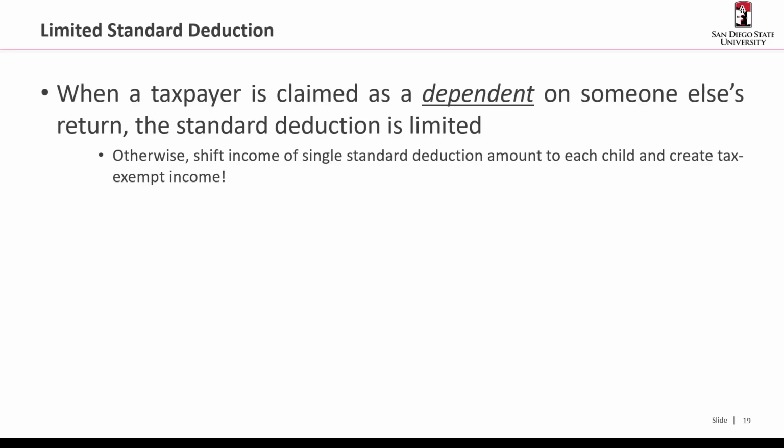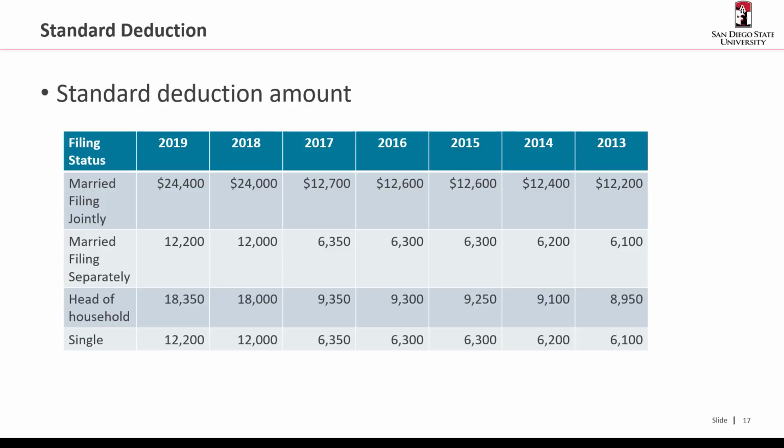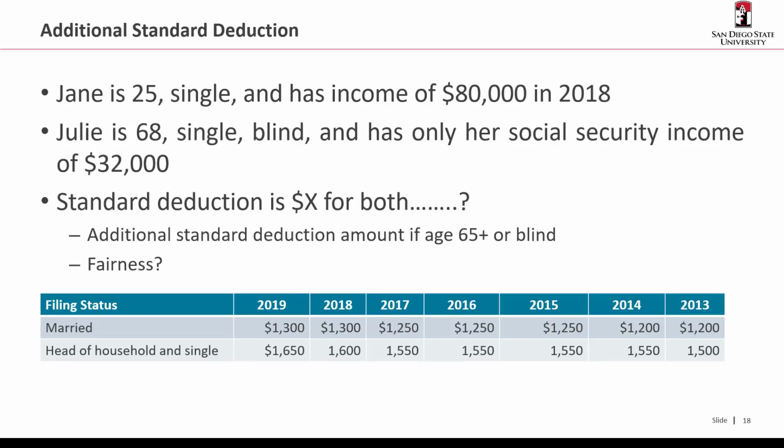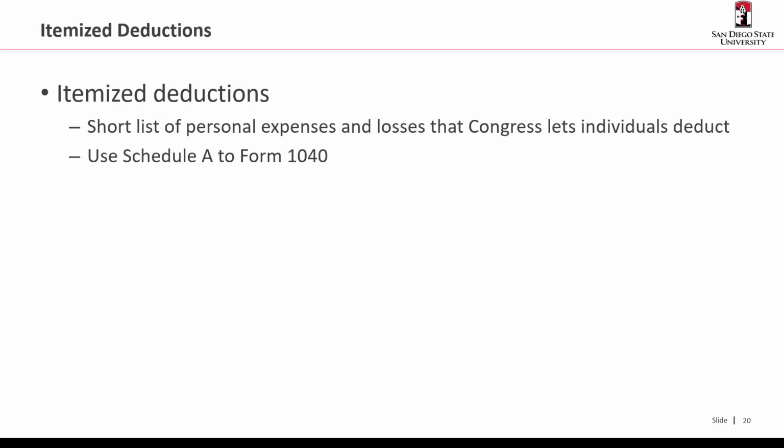But it's limited to this year's standard deduction amount, which, remember, for a single taxpayer would be $12,000. So your standard deduction in that situation, where your earned income exceeds the standard deduction, is in fact only $12,000. Okay. And we'll work through lots of examples of that when we go through this module, because I know that can be a little bit complicated.